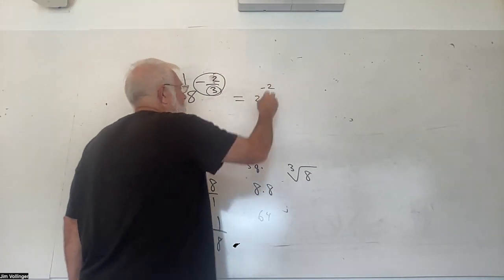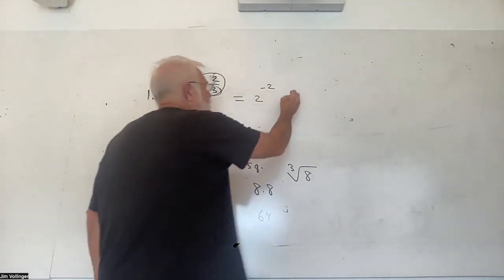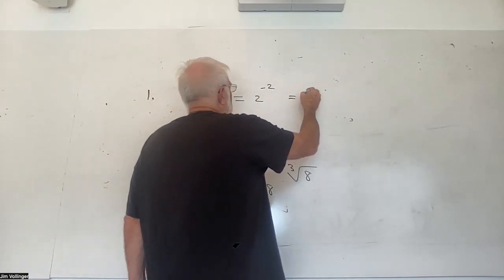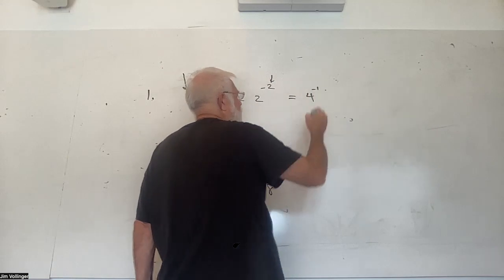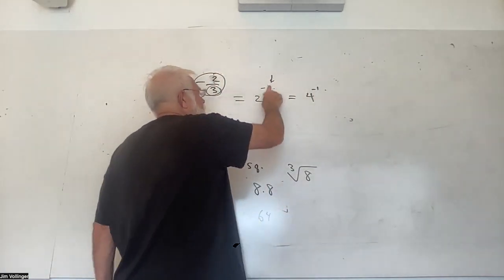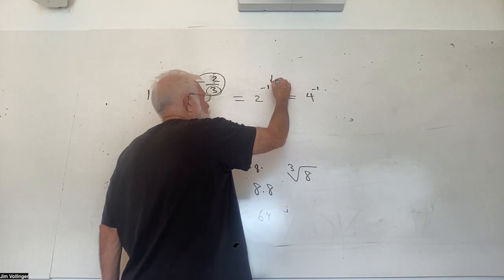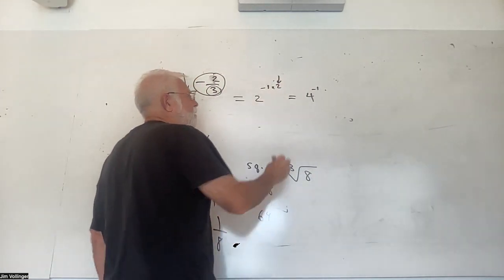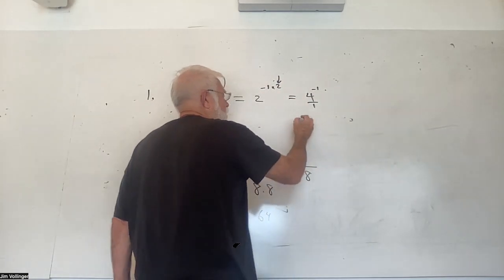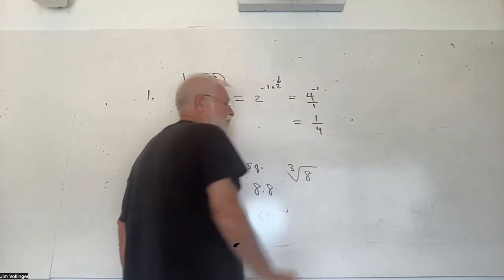And that leaves me with 2 to the minus 2. I'm going to do 4. So 2 squared is 4. I'm going to do that operation. That still leaves me minus 1, right? Minus 1 times 2. I did that operation. I still need that one. And I know that's 4 over 1. So my answer is 1 over 4.